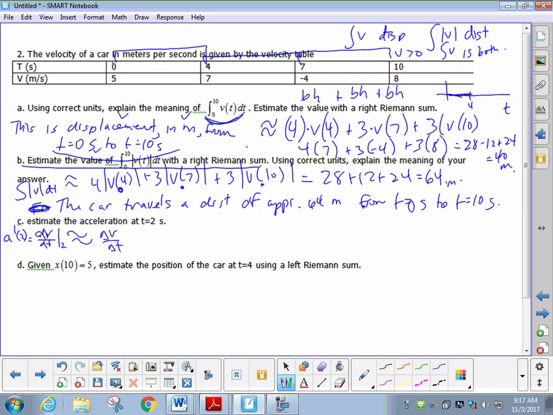That said, then you could say something like A prime at 2 is approximately equal to. If you have hard equal, you will absolutely lose points. V at, what's the time frame that would tell me about how fast velocity is changing at 2? It's not A prime at 2, it's A at 2. Sorry, I was thinking V prime at 2. My bad. A at 2 is approximately equal to the change from 0 to 4.